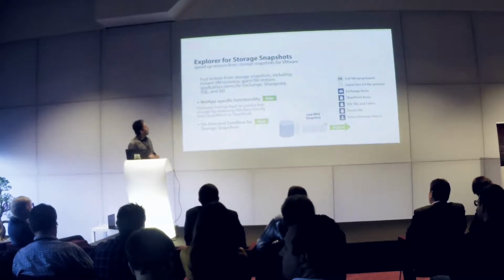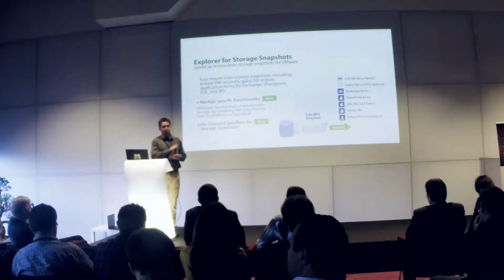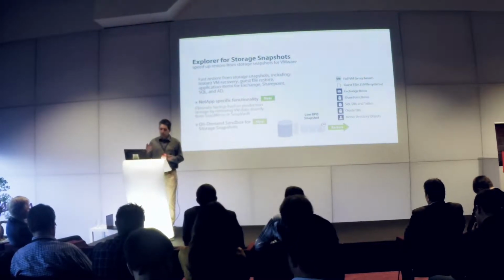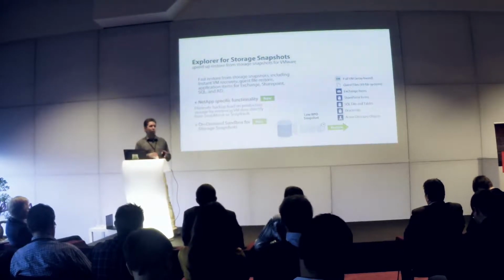For Explorer for Storage Snapshots, I want to make things very clear because we usually talk about storage snapshots in two different ways. The first is, when we want to create a copy of a virtual machine, we need to take a snapshot in the hypervisor.